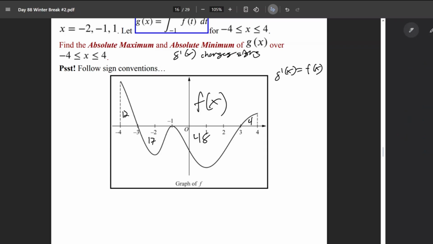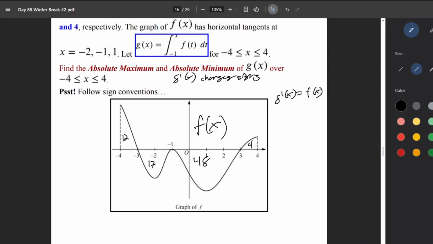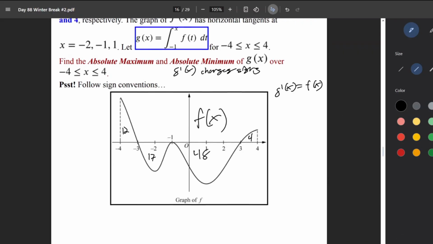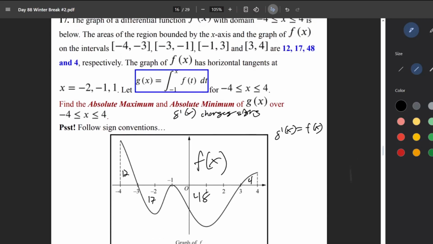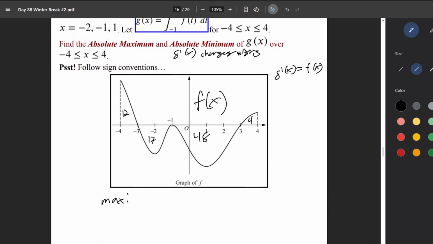So we know that at -3 it has a max, so x equals -3, then min x equals 3.